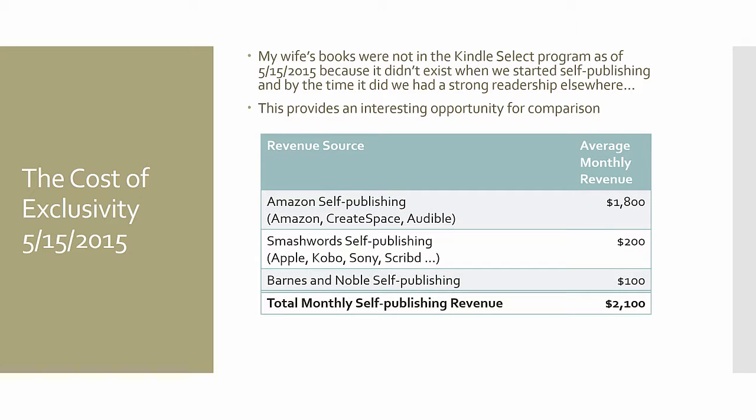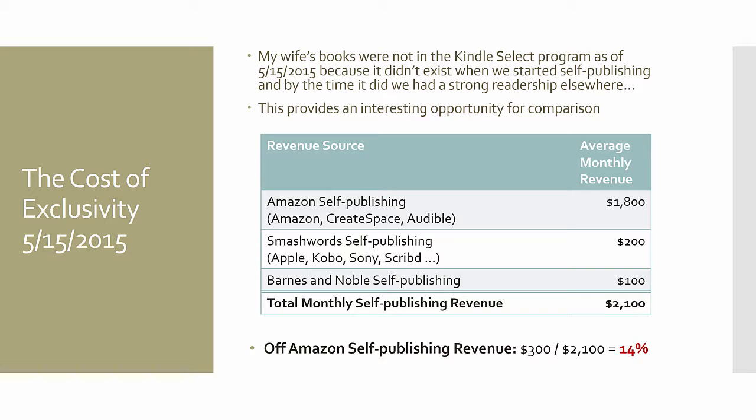Just before going to Kindle Select, she was making $1,800 a month through the Amazon companies, $200 through Smashwords, that's Apple, Kobo, Sony, everybody like that. And then we published separately through Barnes & Noble and made $100 there. So if you look at all of that, her off Amazon self-publishing revenue was $300 of $2,100 per month, or about 14%.